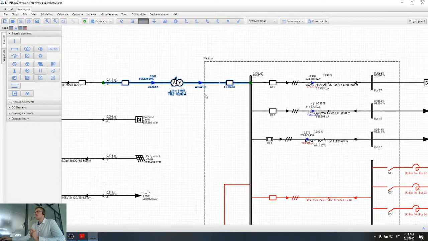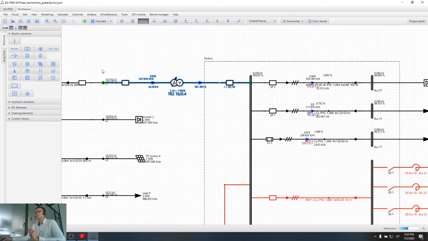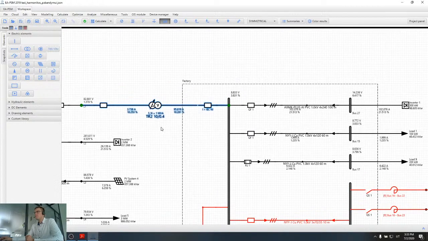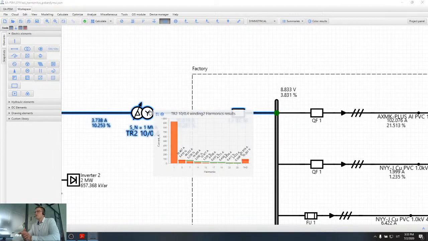Now let's calculate then what are the harmonic flows. So I have calculation of harmonic flows here in the software, and this will give me information first of all about the harmonic currents in the transformer. I can move my mouse cursor on the transformer winding, and this will give me information about what are the currents of each harmonic, which is estimated for the calculations.